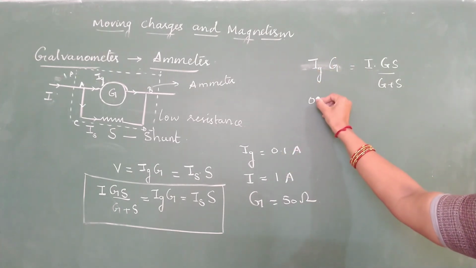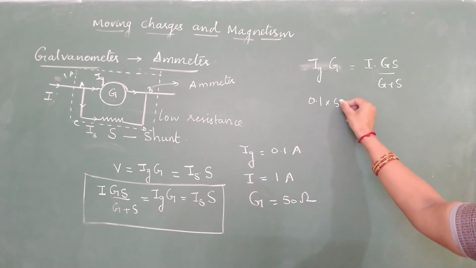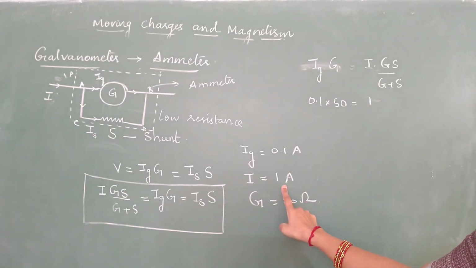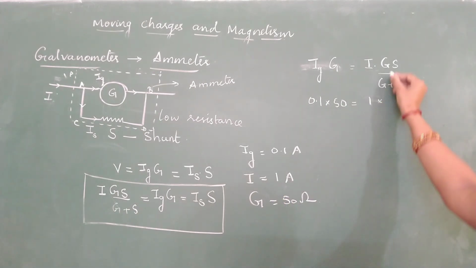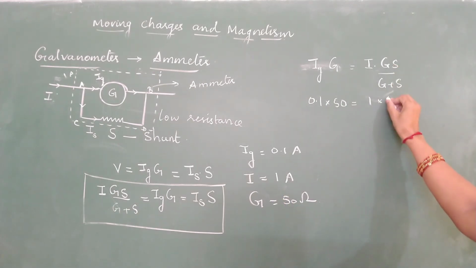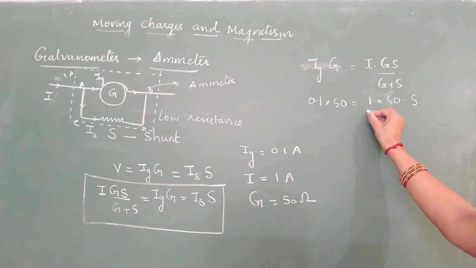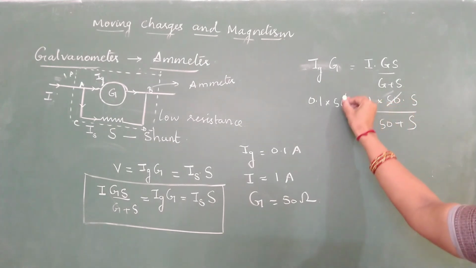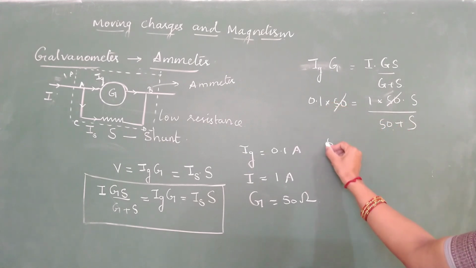Ig is 0.1, into 50. Total ampere range, we have taken 0 to 1 ampere. G I am keeping as 50, into S by 50 plus S. 50 and 50 get cancelled, cross multiply.